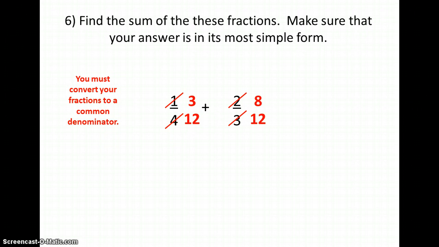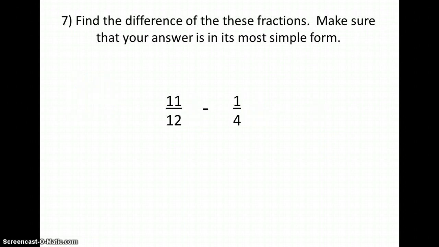Now I need to add my numerators and keep the denominator, 11/12. Since this is in simplest terms, I do not need to worry about going on any further. My answer is 11/12.